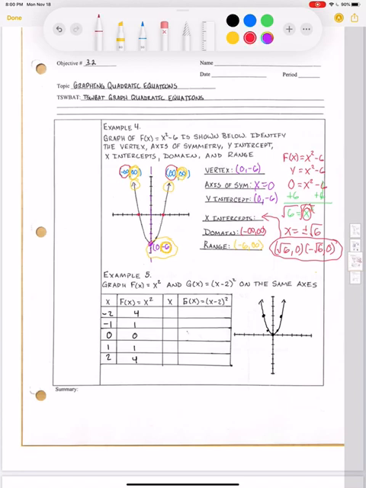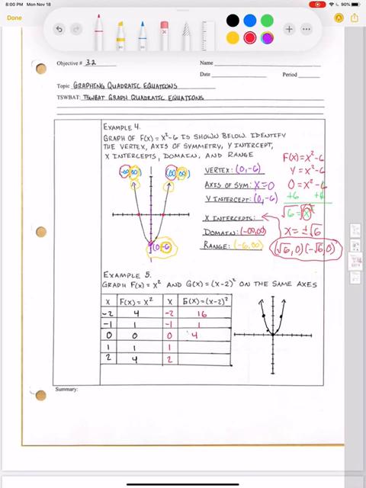Now, if I plug those same points in for g of x equals (x minus 2) squared, I have negative 2 minus 2. That's negative 4. Negative 4 squared is 16. 1 minus 2 is negative 1. Negative 1 squared is 1. 0 minus 2 squared is negative 2. Negative 2 squared is 4.